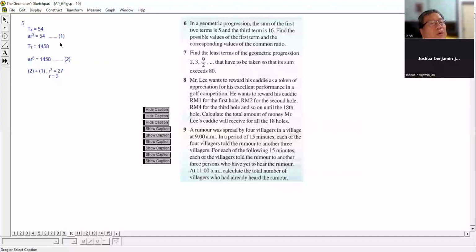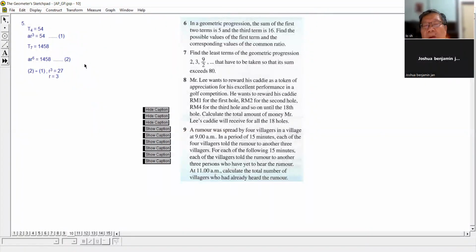Now, what should you do with these two equations, equation 1 and equation 2? You cannot subtract them like you do with arithmetic sequence. Arithmetic sequence is add and subtract, but this one is multiply or divide. So what you need to do is you take equation 2 divided by equation 1.